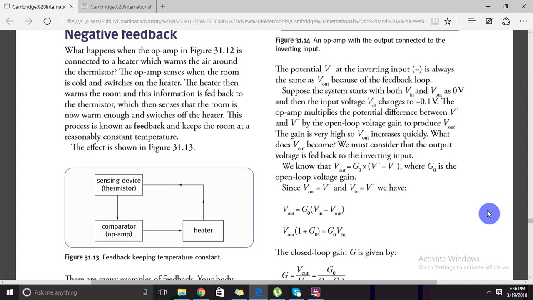And so we take all of the terms that have V out onto one side, so it becomes V out plus G naught V out being equivalent to G naught V in. And then we take V out to be common, so it becomes V out bracket 1 plus G naught, and that's equivalent to G naught V in.